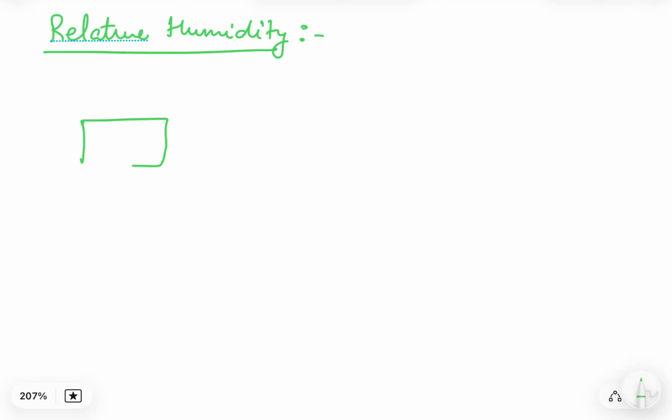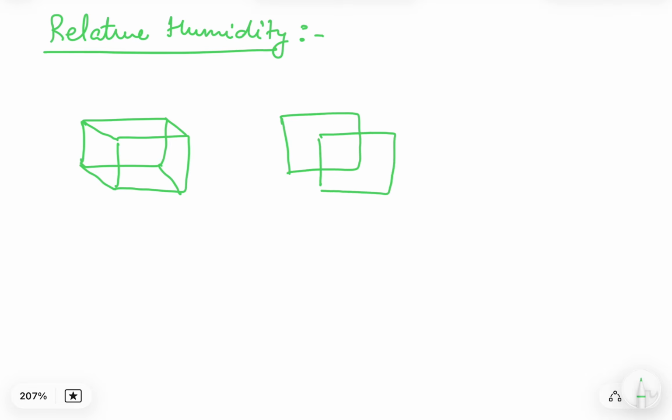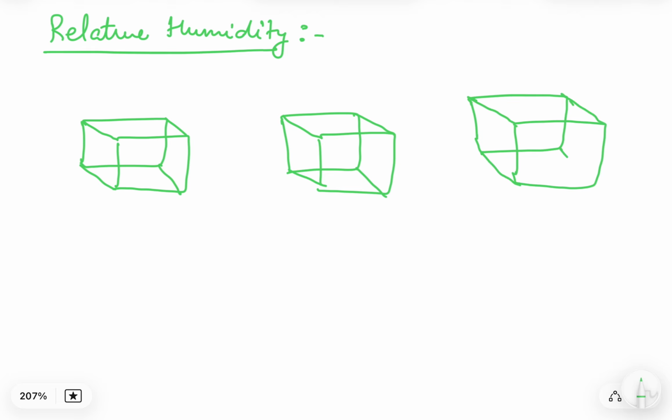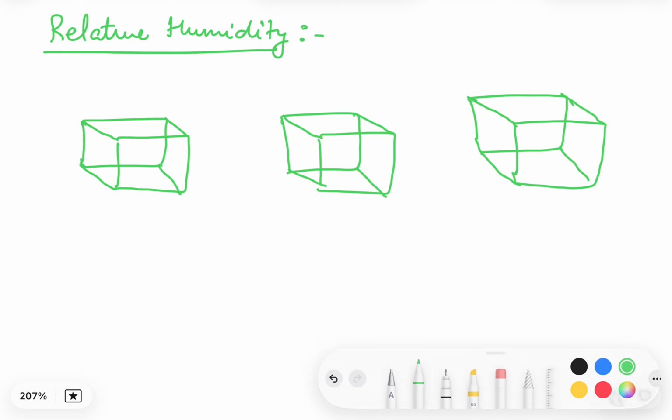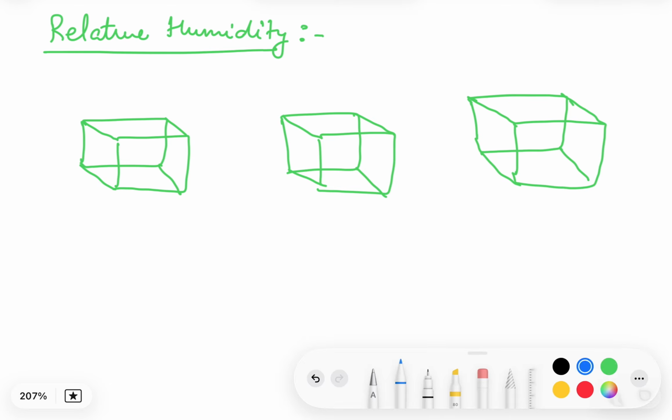Now let us consider we have 4 air parcels. These are the 4 different air parcels we have.